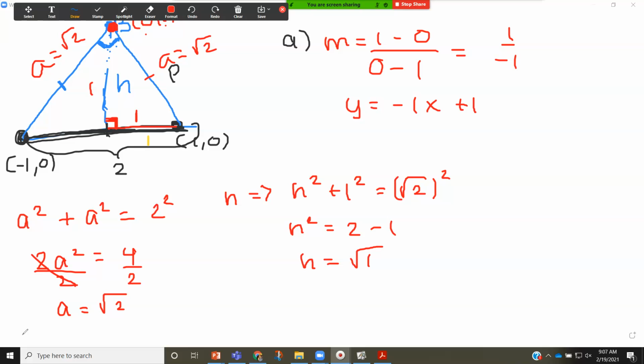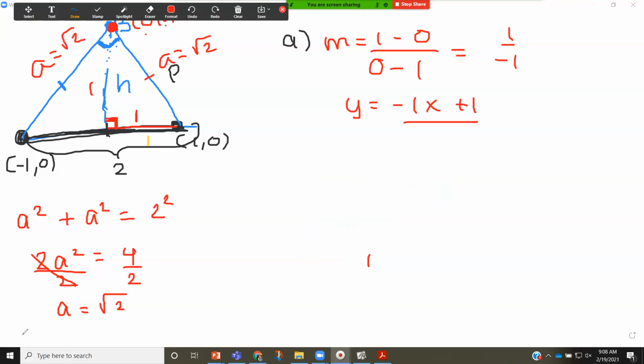Then point P, in terms of that, is simply negative x plus 1. So the point on your graph becomes P is (x, negative x plus 1).